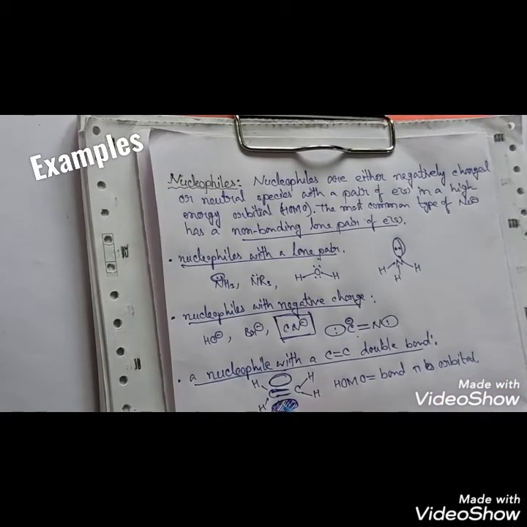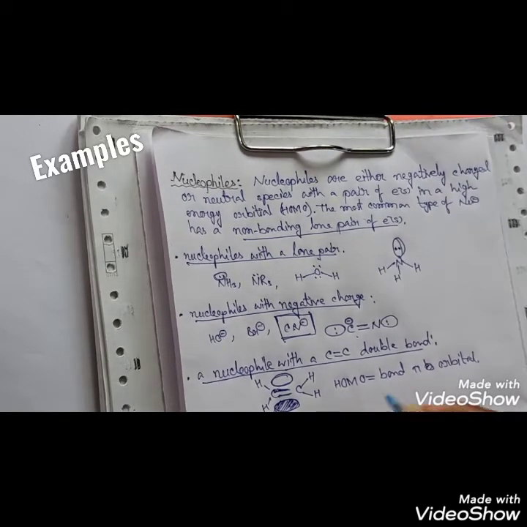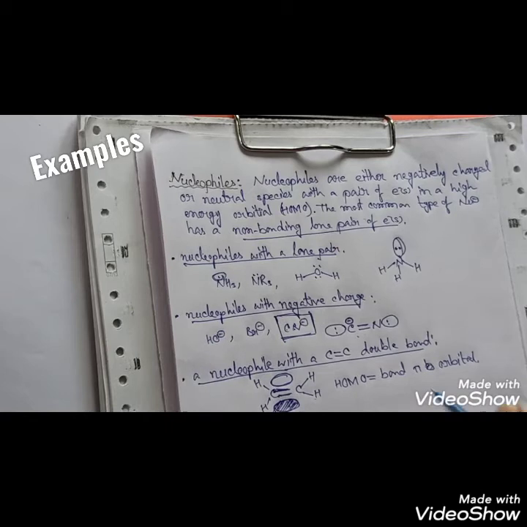Especially the C double bond C, since they are higher in energy, as HOMO. However, molecules with pi bonds can also be electrophiles, particularly when the pi bond involves an electronegative atom, whatever. So this is our nucleophile.